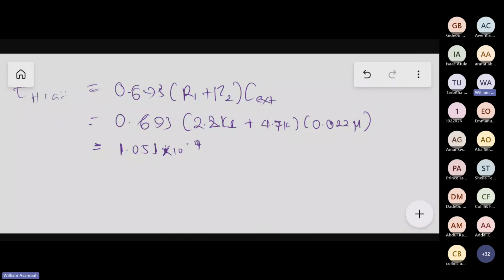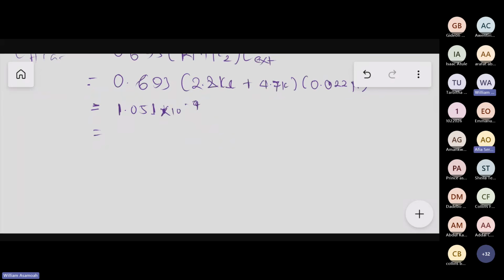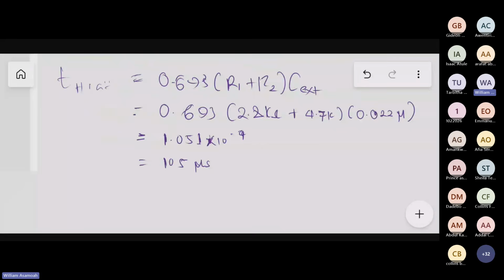So please press the ENG key. 105 micro. So it's going to be 105 microseconds. That's T high.